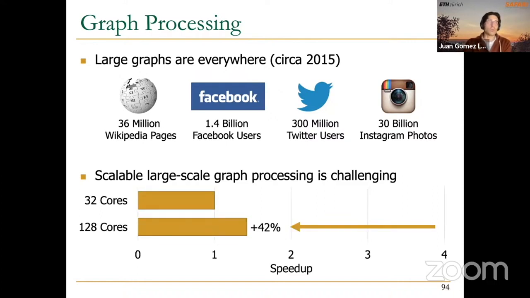And here you have just some motivational results for a graph processing algorithm. For example, for PageRank with 32 cores, you achieve a certain performance. With 128 cores, that is 4 times more cores, we can only improve the performance by 42%. And why is that?